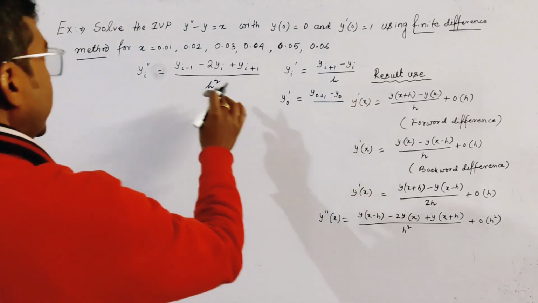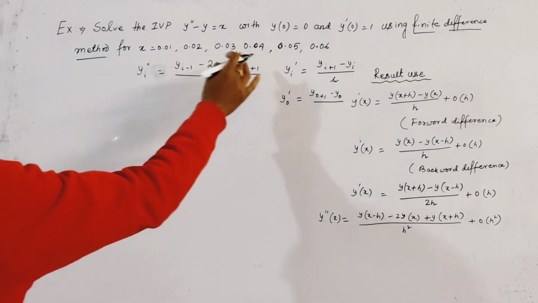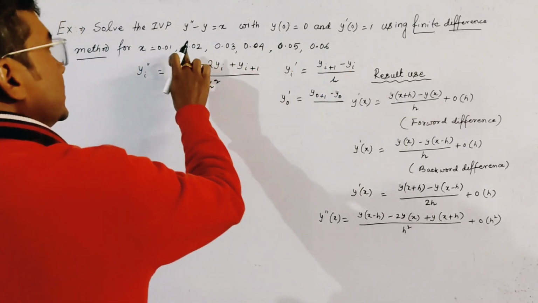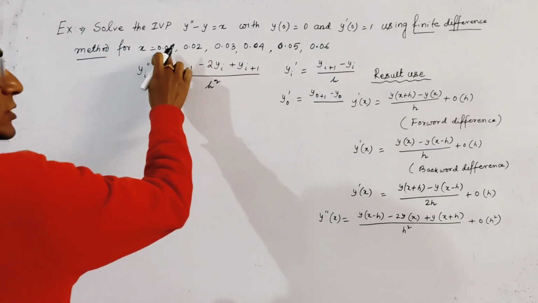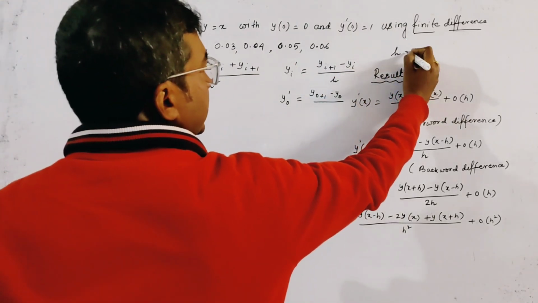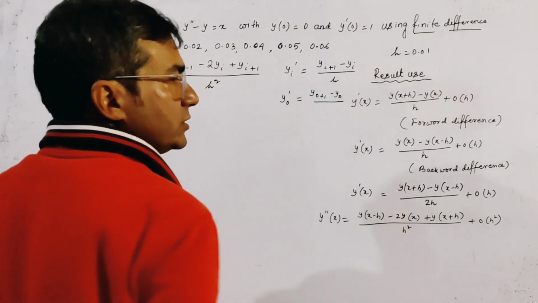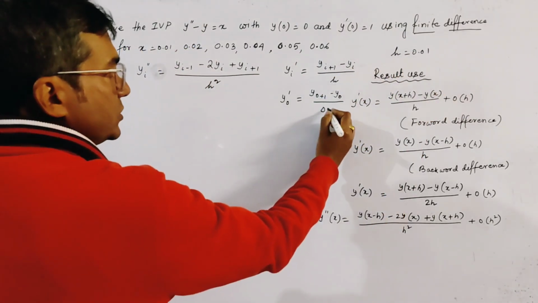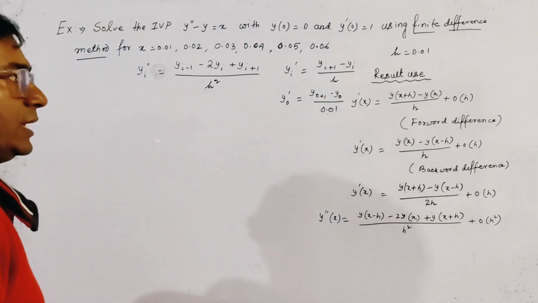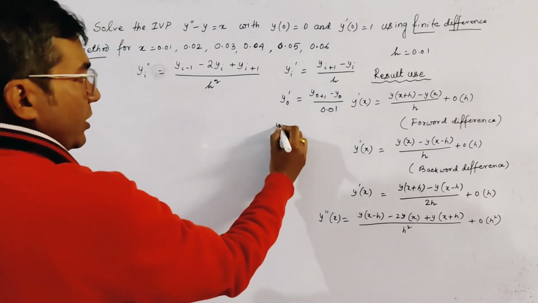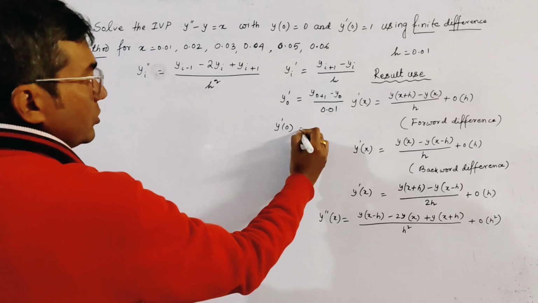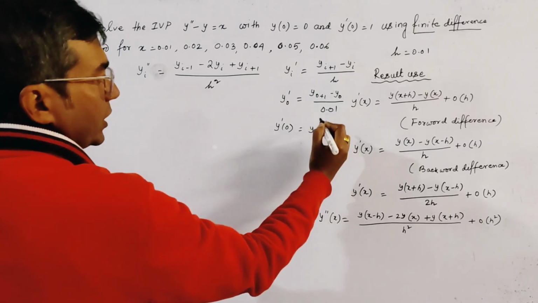It is clear that h is given by 0.02 minus 0.01, so h is 0.01.